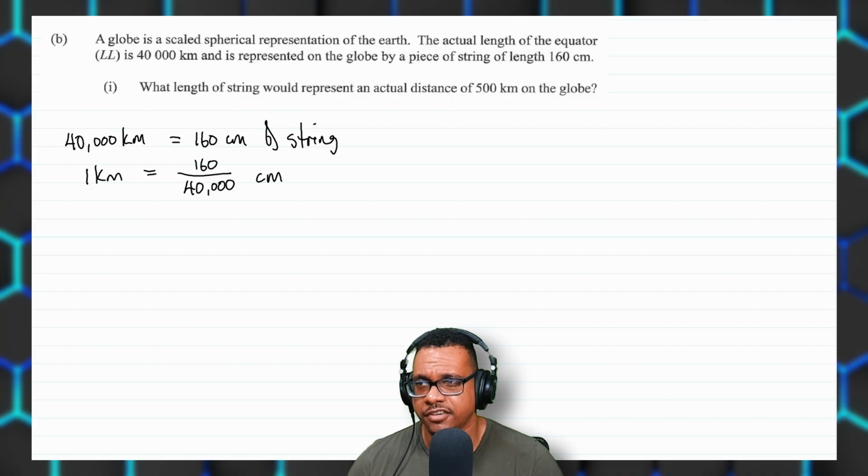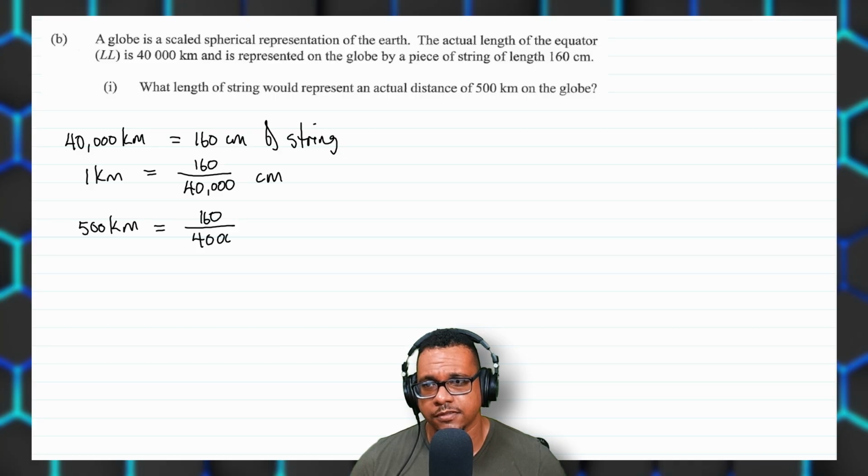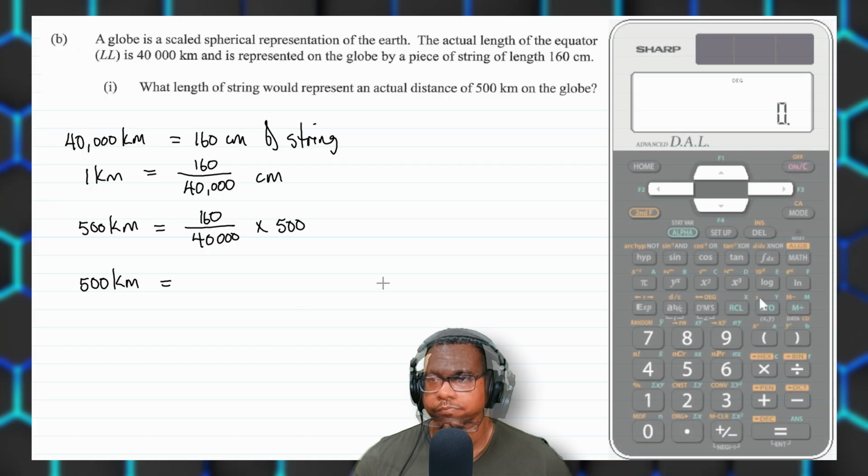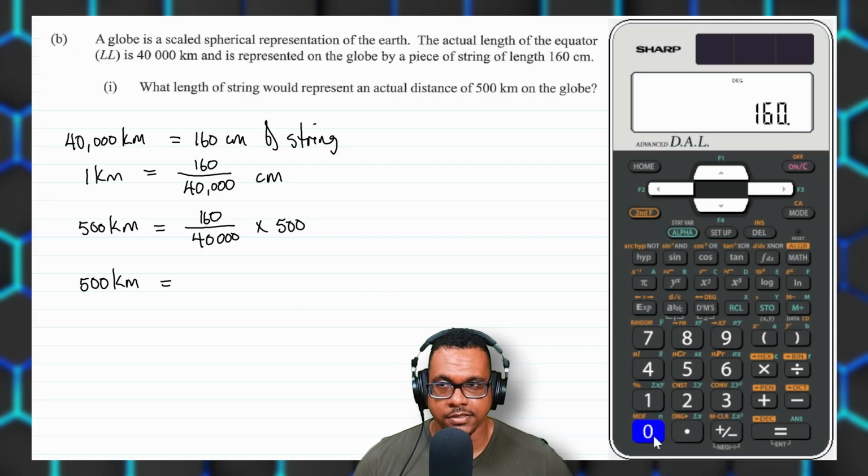So 1 by 500 is 500. So I write it one time. So 500 kilometers is equal to, and I must do the same thing to this side by multiplying by 500. So 160 over 40,000 multiplied by 500. I'll just work this whole thing out on the calculator. All right, so I have my 500 kilometers actual distance is equal to, all right, we put the 160 over 40,000 multiplied by 500.